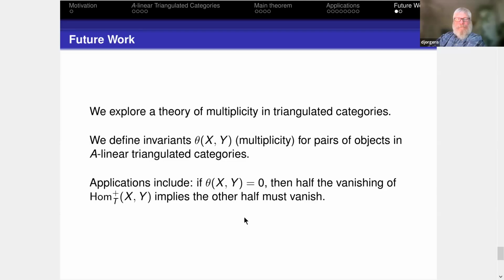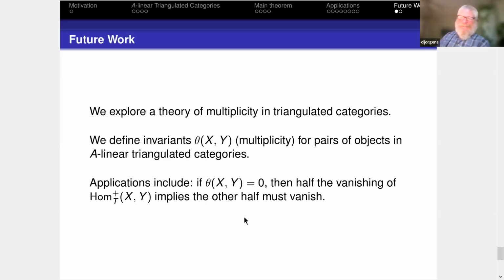And so one thing relevant here is that we can define a multiplicity for pairs of objects in an A-linear triangulated category, and get applications, for example, where if this multiplicity vanishes, is 0, then, broadly speaking, if you have half vanishing of the Hom plus, then the other half has to vanish too.